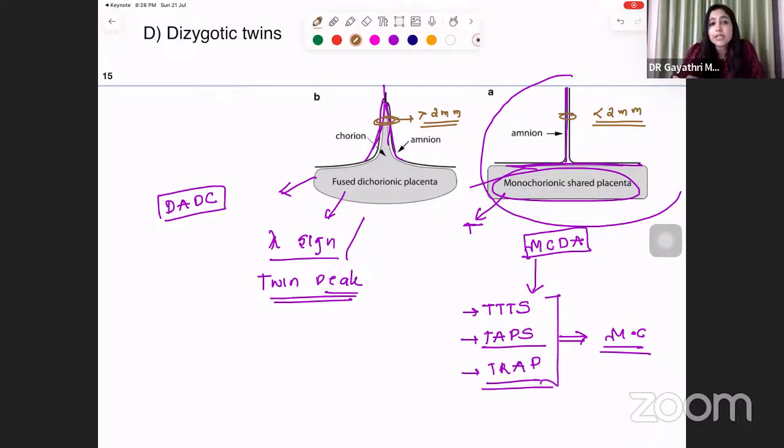The next difference is that if you count the number of layers, in case of dichorionic diamniotic, you can see 4 layers, whereas in case of monochorionic diamniotic, there are 2 layers. You can see here 1 layer and the second layer. How come there are 4 layers here?